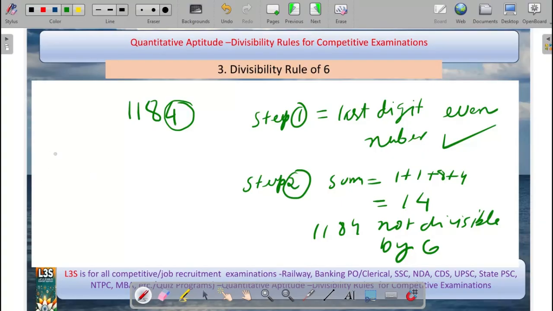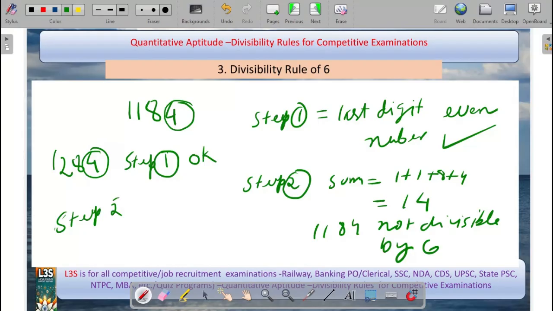Now another number we'll see, 1284. In this case, step 1, the last digit is 4, so step 1 is okay. Now step 2, the sum of the digits will be 1 plus 2 plus 8 plus 4, which is equal to 15.